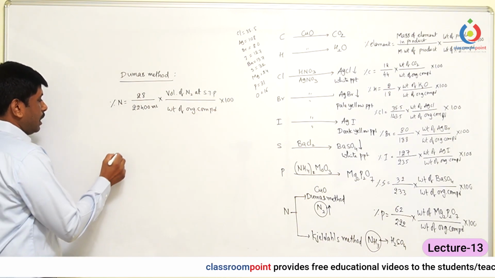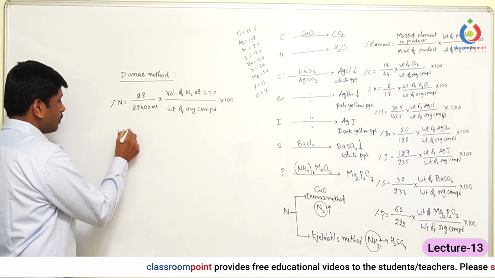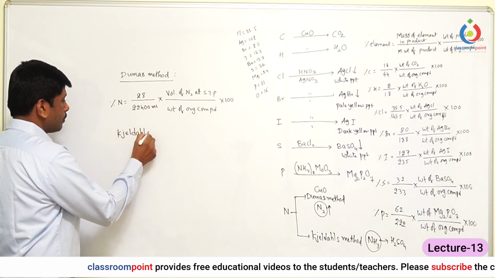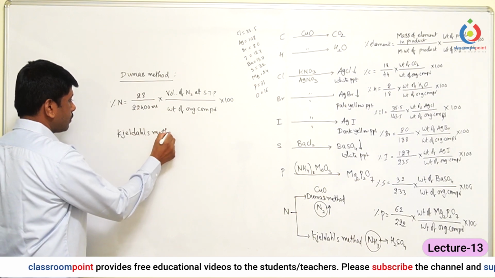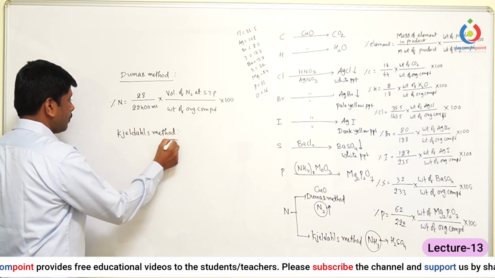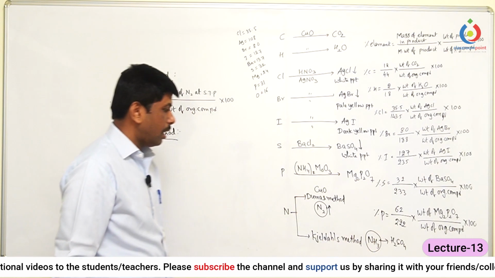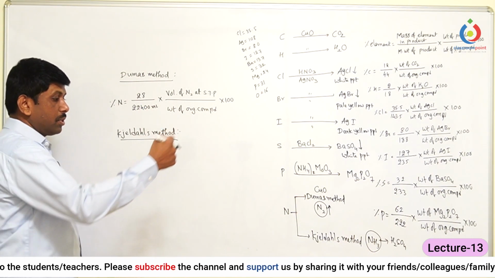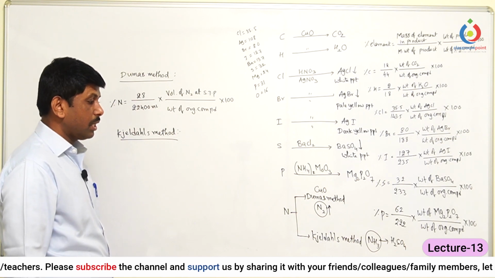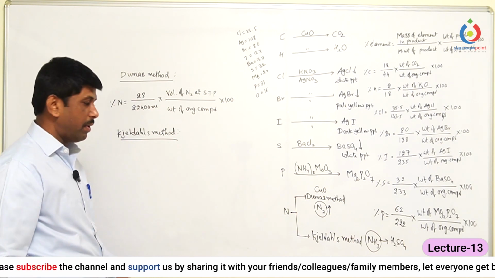Now, in case of Kjeldahl's method, nitrogen is converted into ammonia, and it is titrated against sulfuric acid, so that we take the number of equivalents.